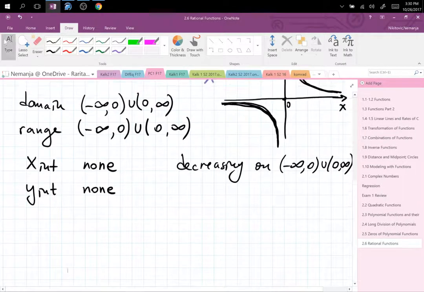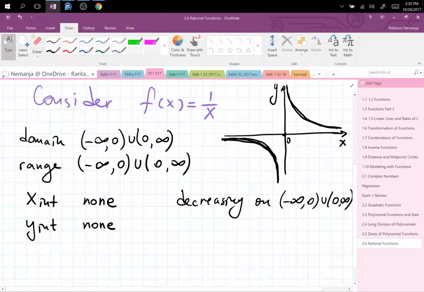And now, with this graph, for the first time, we are introducing the concept of an asymptote. Asymptotes are linear lines which functions follow, obey, or in some cases not cross.